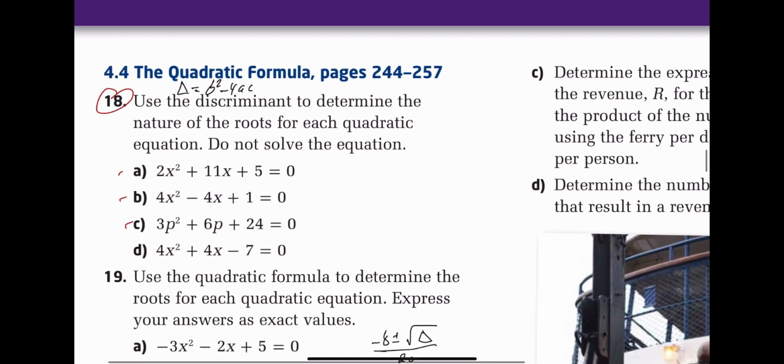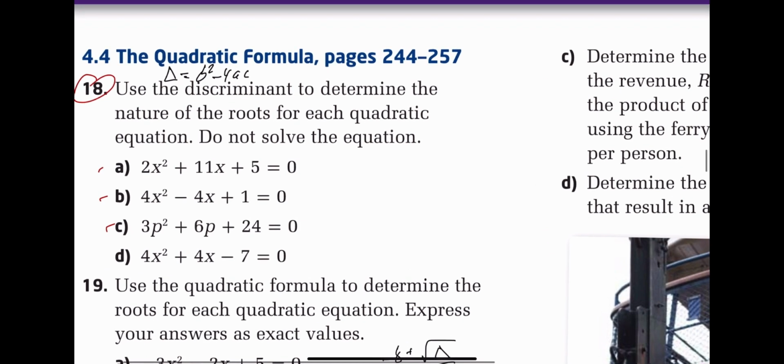So now let us do some exercise on the discriminant problem. Use the discriminant to determine the nature of the roots for each quadratic equation. Do not solve the equation. They are just asking us to find the discriminant and say if it has a solution or not. So for the first one, my discriminant, my delta, is equal to b squared minus 4ac. This is my a, this is my b, this is my c.